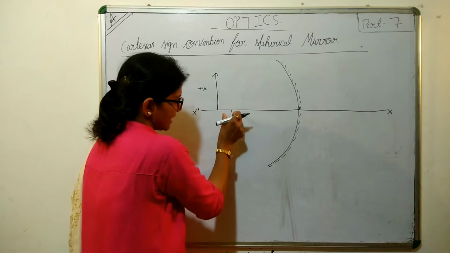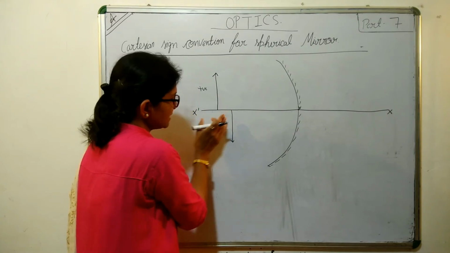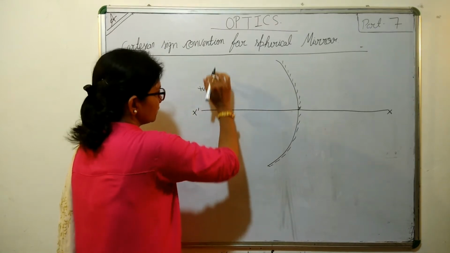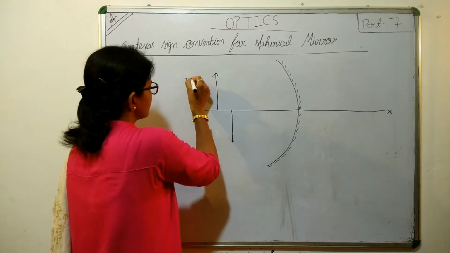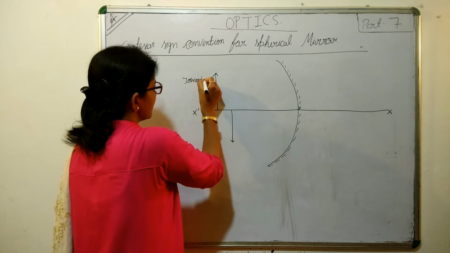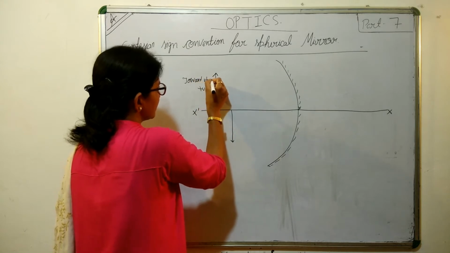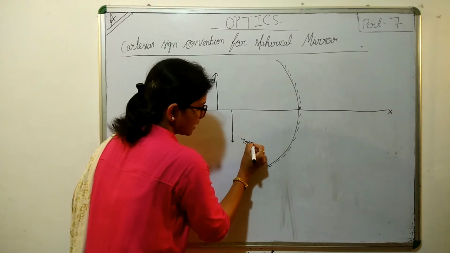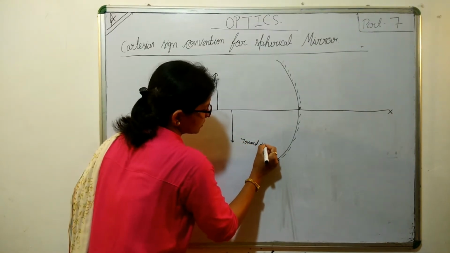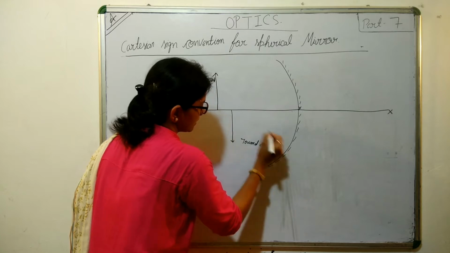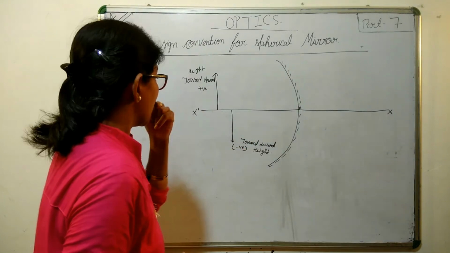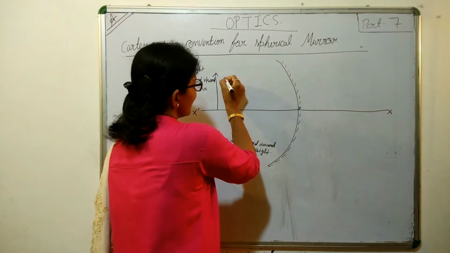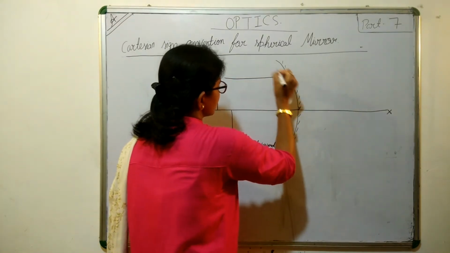If the image is like this, below the principal axis, it is negative, and if it is toward upward, it is positive. Next, your incident ray, always its direction is toward the mirror.